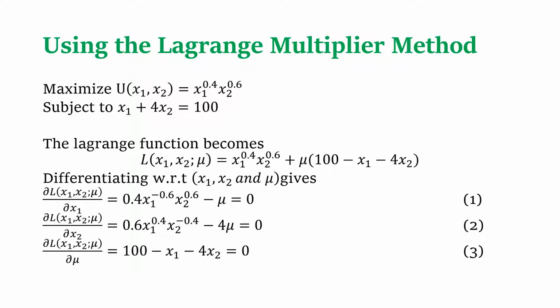We are going to determine the optimal values for all of them. So if we differentiate the Lagrangian with respect to x1, we're going to have 0.4 x1 to the minus 0.6, x2 to the 0.6. Remember, we are differentiating with respect to x1, holding all the other variables constant.